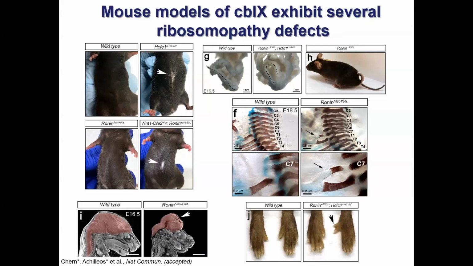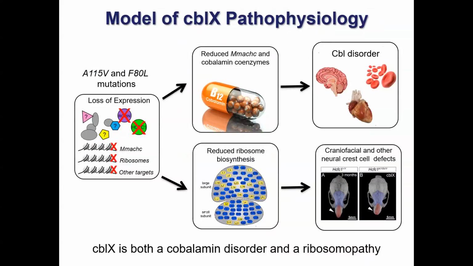So our animal models really have shown us that there actually may be two aspects of the pathophysiology of this disease. So we knew of one, right? So we knew that there's less cobalamin. So the first one is the reduction of this key enzyme Mmachc that I talked about in the B12 pathway.